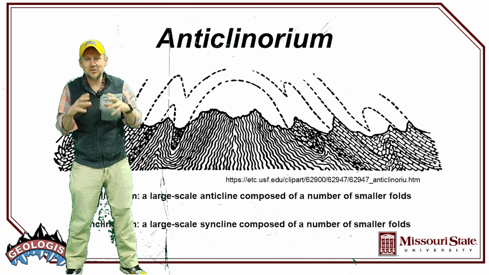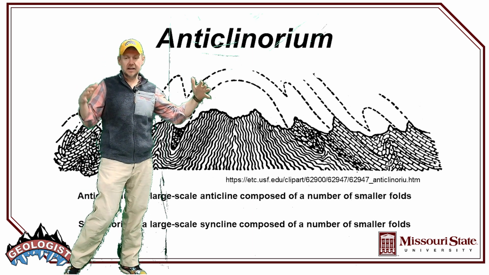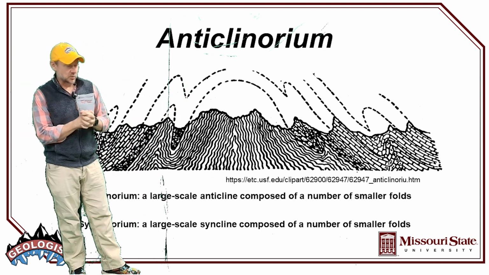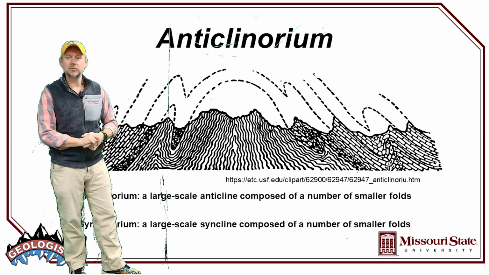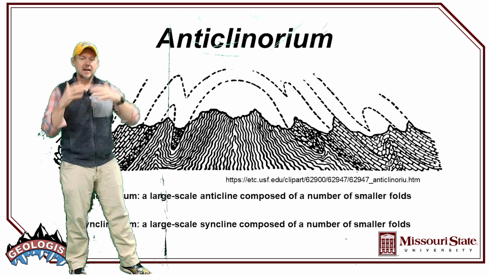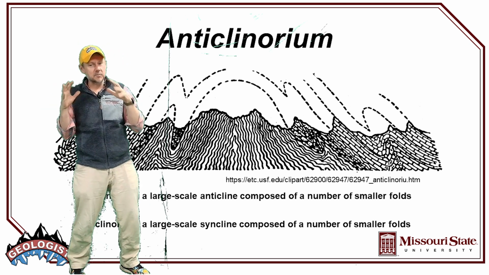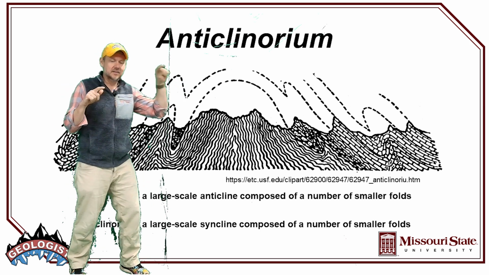A lot of times you'll get multiple structures, anticline, syncline, anticline, syncline, that overall form a much larger cohesive structure. When the overall structure is an overall anticline, we'd call that an anticlinorium. And the opposite would be a synclinorium, where you overall have the exact same qualifications as an anticline or syncline, but there are many little folds in the middle.